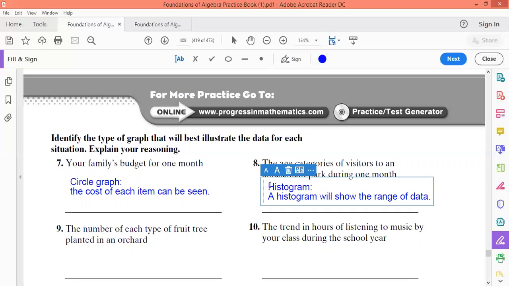Range of the ages of visitors, I think it's better.